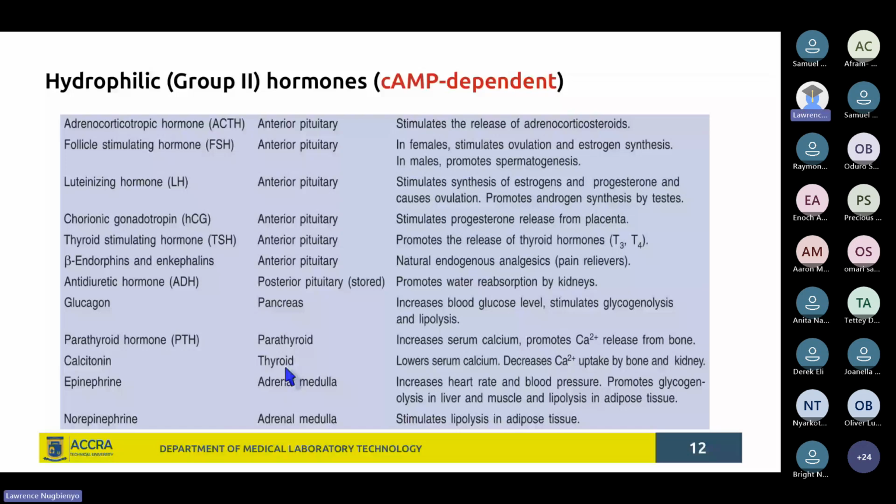Epinephrine, norepinephrine, we've seen that: adrenaline, noradrenaline, from the adrenal medulla, so from the adrenal glands, which are on the kidneys. Both of them are referred to as fight or flight hormones.